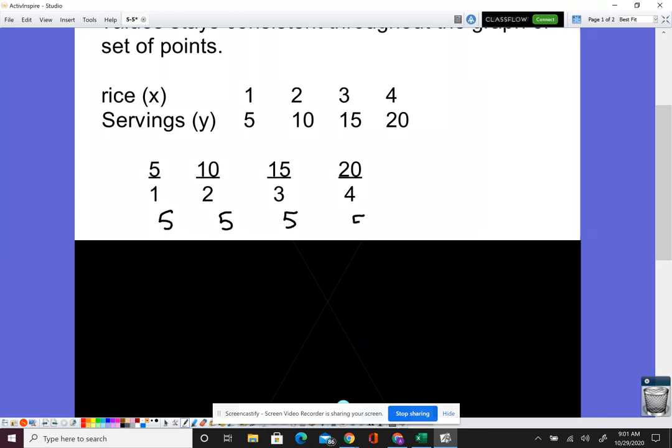And 20 over 4 reduces down to 5. So when that happens and we have the same number that they reduce down to, we have a proportional relationship.